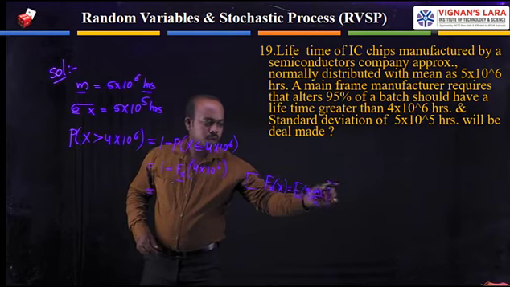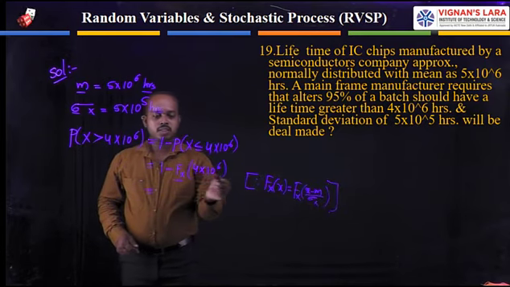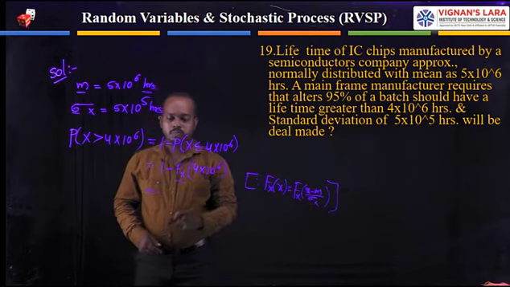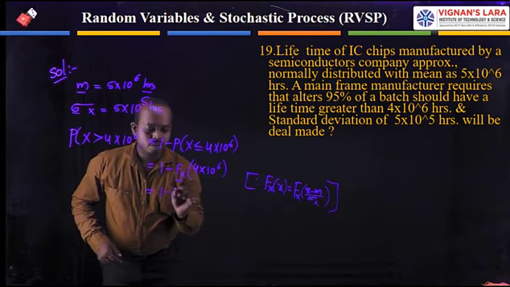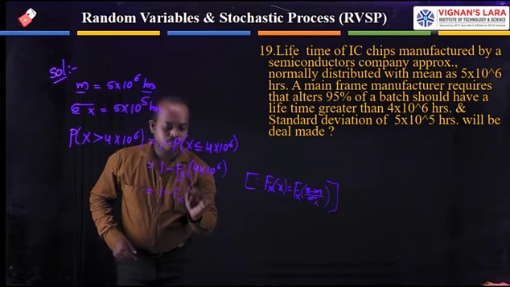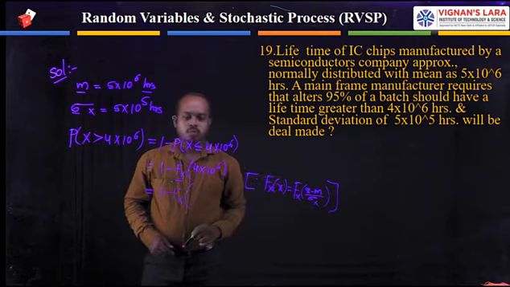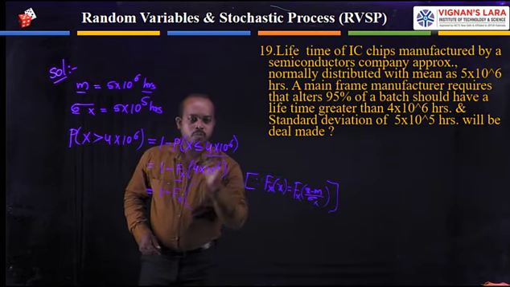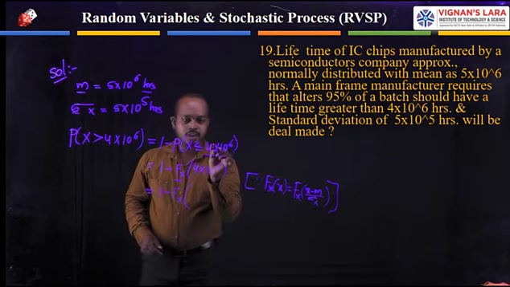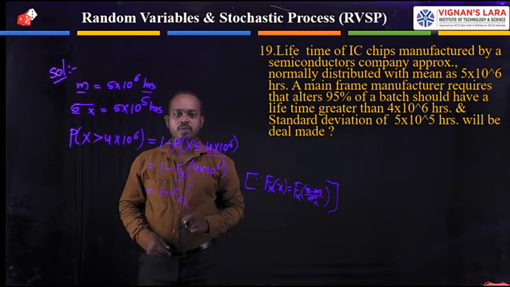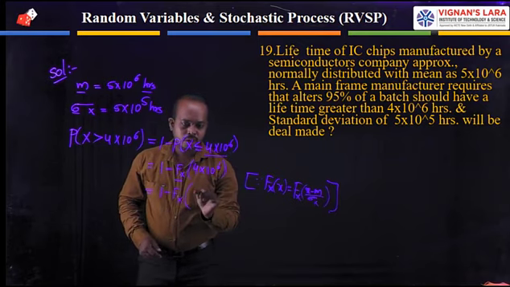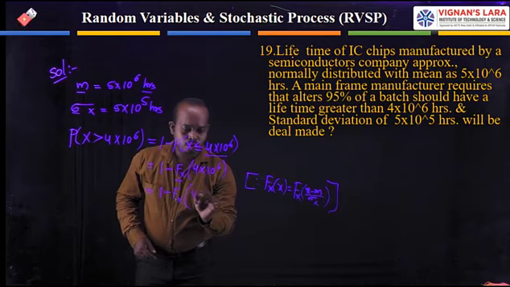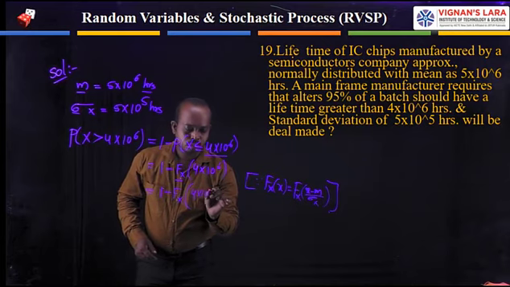By using this formula, we can simplify this distribution function. Now I am writing 1 minus F of small x, where small x is 4 into 10 power 6, since it is an element of this random variable.